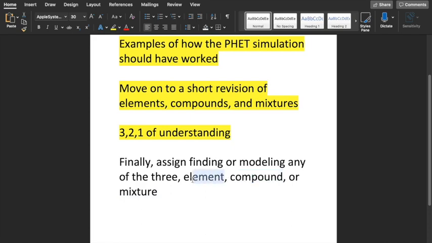Like I have coffee sitting next to me here, that's my cup of coffee there. That would be a mixture, right? Because I'm taking the coffee beans, grinding them up, and running water through those coffee beans. But there's also, I'm doing this work on a glass table, and this glass is a mixture of sand and other things, and that's a compound, right?